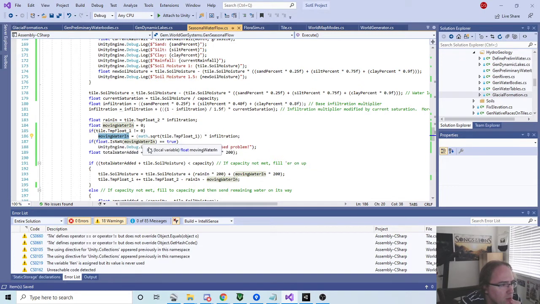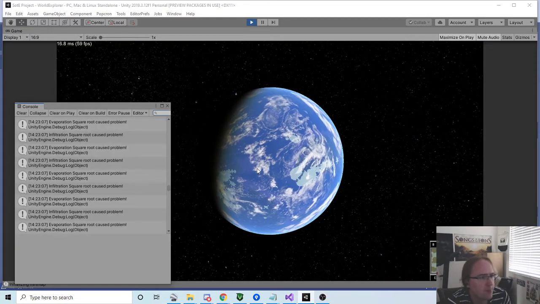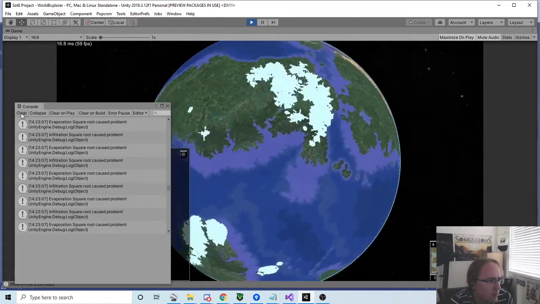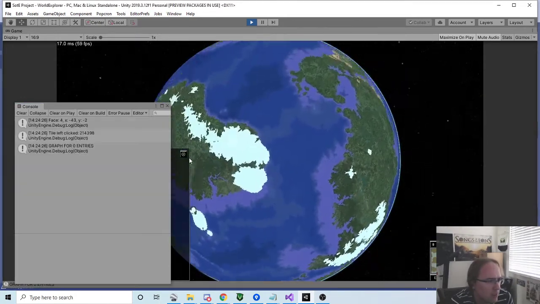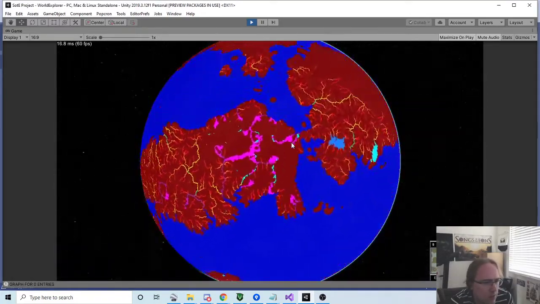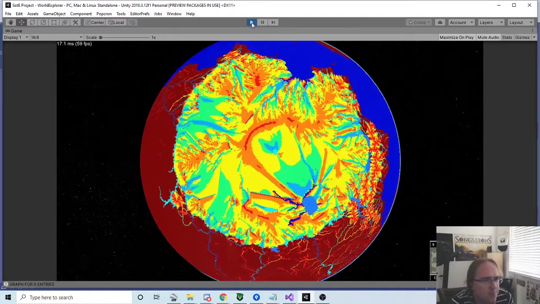Then we check to see if moving water in is nan true. Evaporation and infiltration is still generating those values, and we are still generating nans.